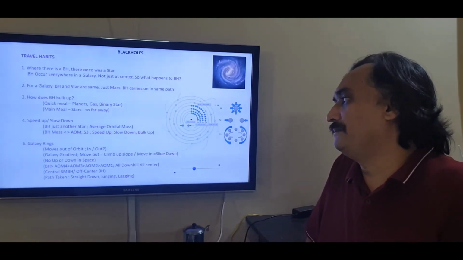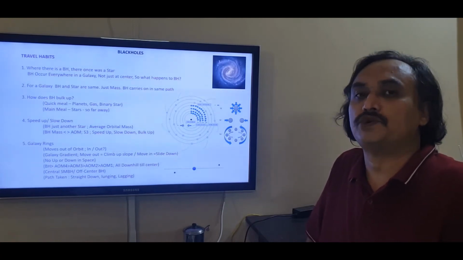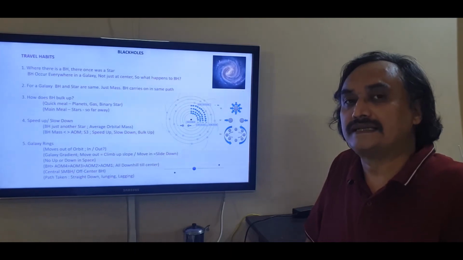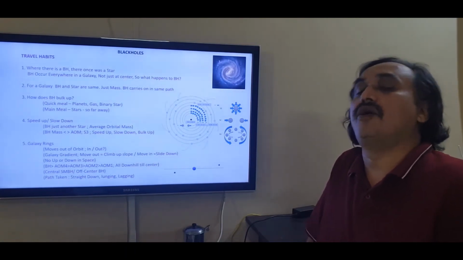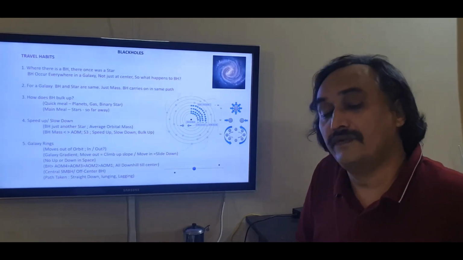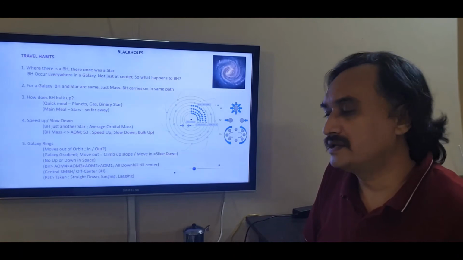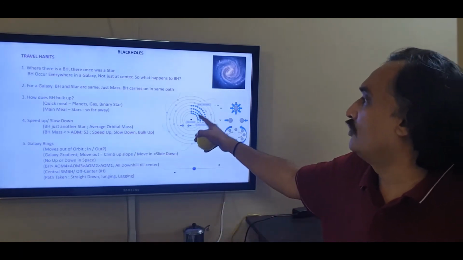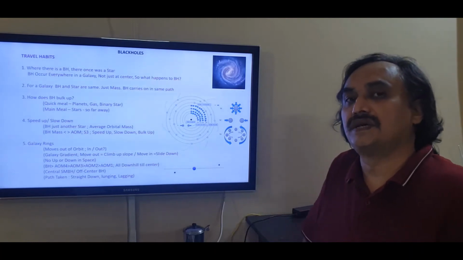Now that is why you see black holes near the supermassive black hole. It's not necessarily at the center, which means that it is still on its way, and in a few million years, it would reach the center. And what would be the path taken by the black hole from where it generated till it reaches the center?